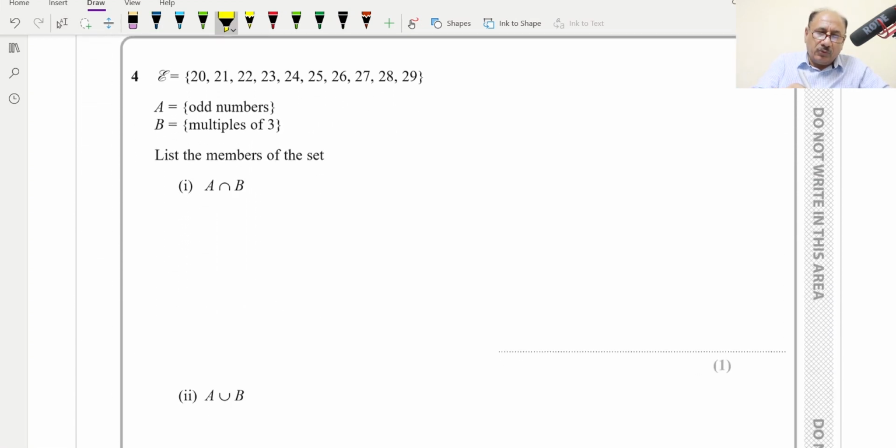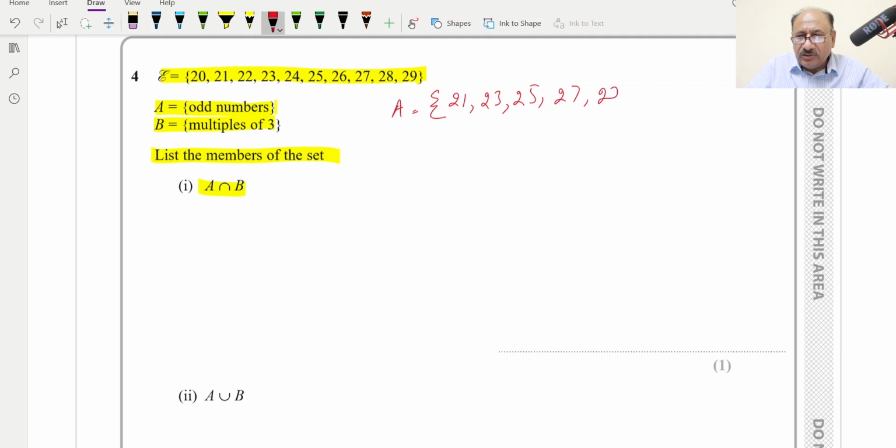Question number 4. Universal set is provided, and set A is set of odd numbers and B is multiples of 3. List members of the set A intersection B. For that one, we can write set A. A will be set of odd numbers. Odd numbers are 21, then 23, 25, 27, and 29.